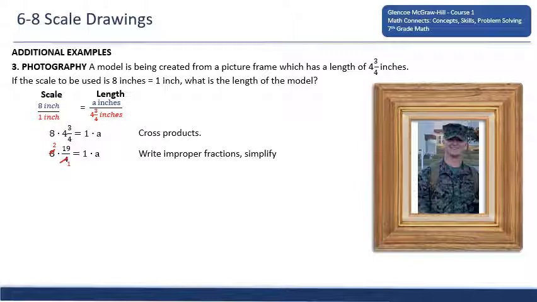Now we're going to simplify. The reason that we can simplify 8 and 4 is, remember, 8 can also be stated as 8 over 1. So we are multiplying a numerator and a denominator, or simplifying. Now we multiply, we get 38 over 1 equals A. And if we simplify that out, A equals 38.